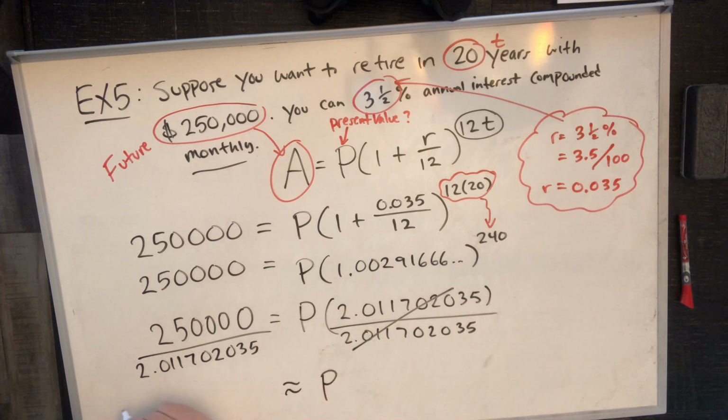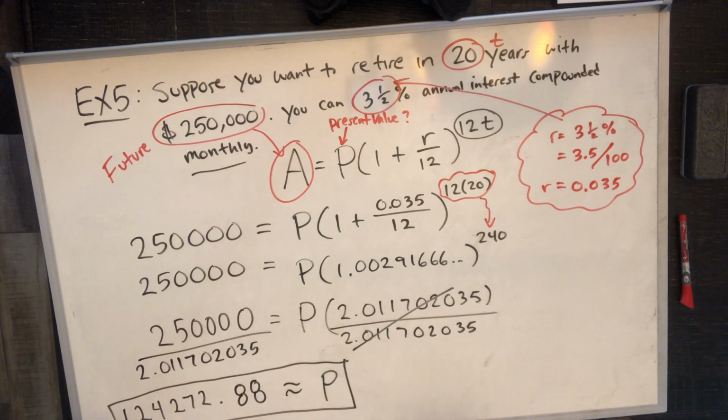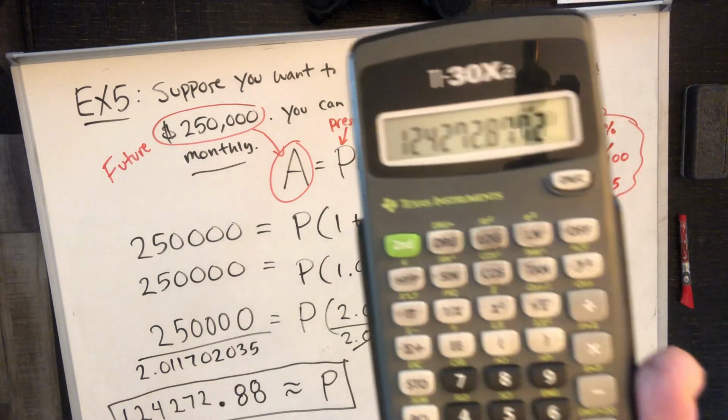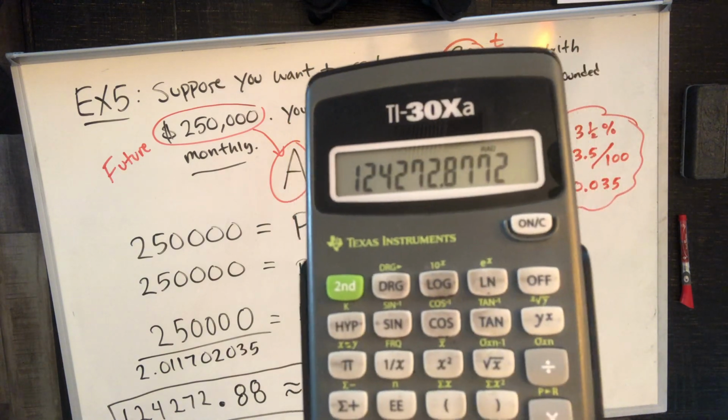And my P is $124,272. I'm going to go ahead and round it now because I'm running out of space. And 88 cents. I've already done the rounding for you. You could just look at that decimal and confirm that I rounded it correctly.